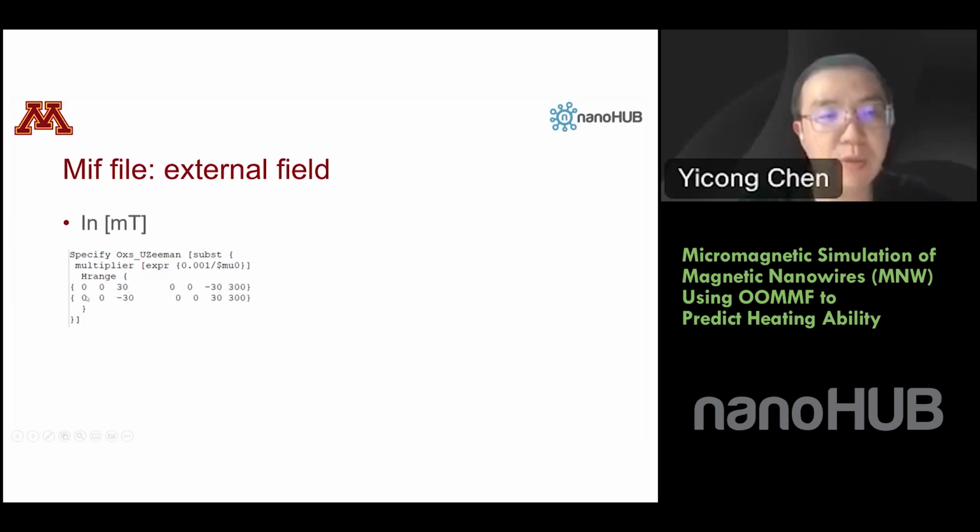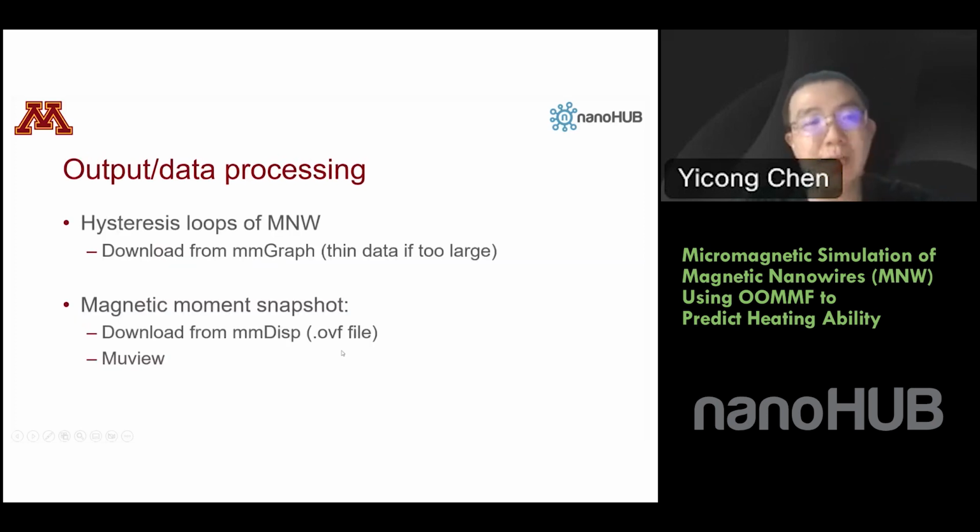This means the external field goes from positive 30 in the Z direction to negative 30 in the Z direction, in 300 steps, which means each change of external field is 0.2 millitesla. And similarly it then goes from -30 to 30 in the same steps, which closes the full hysteresis loop. That simply finishes one simulation, which is pretty simple.